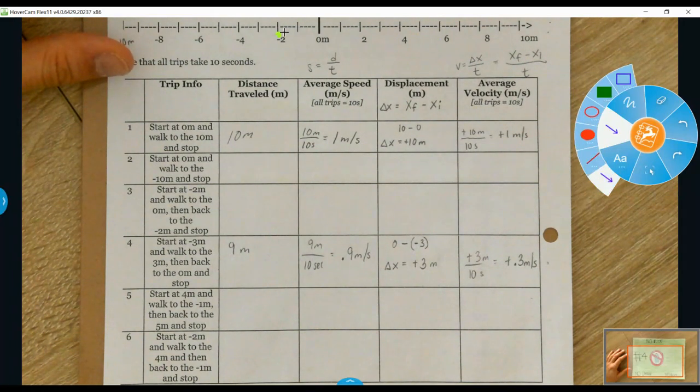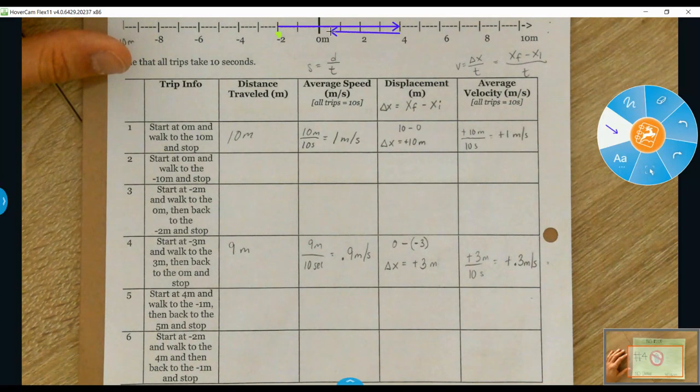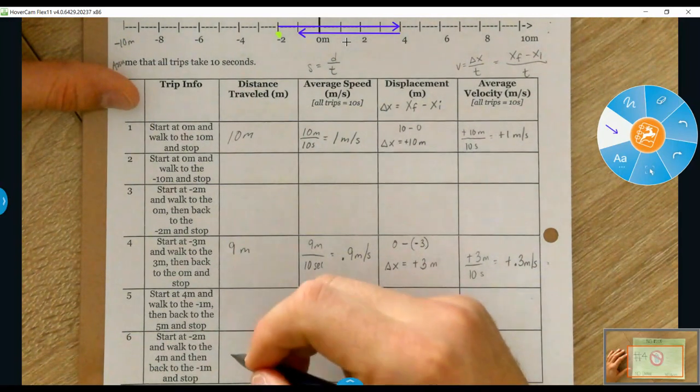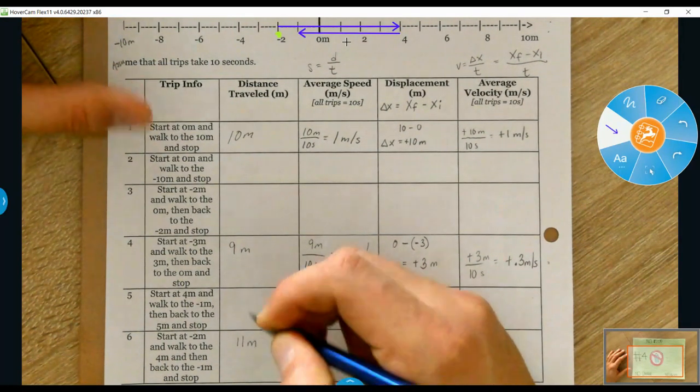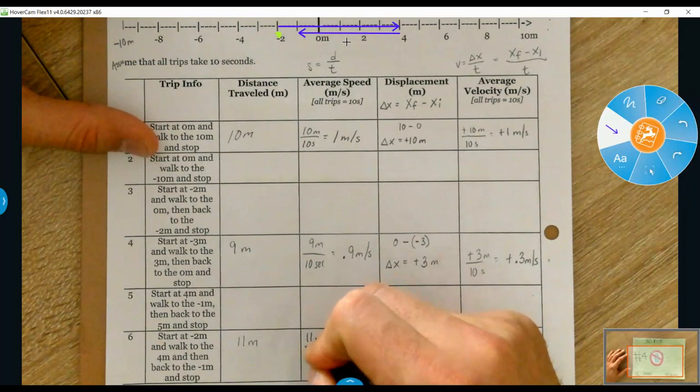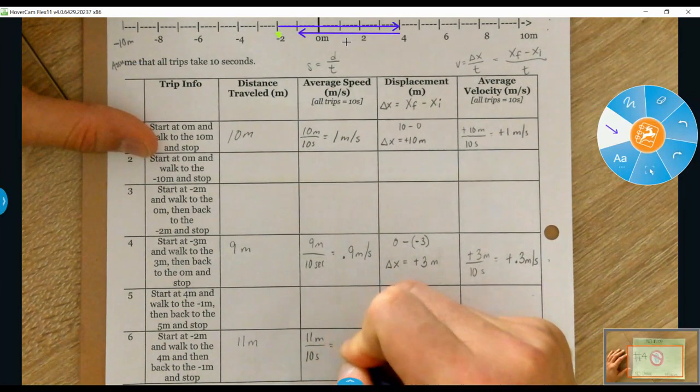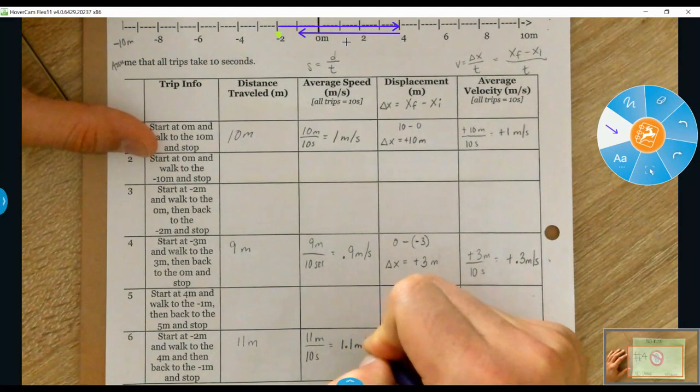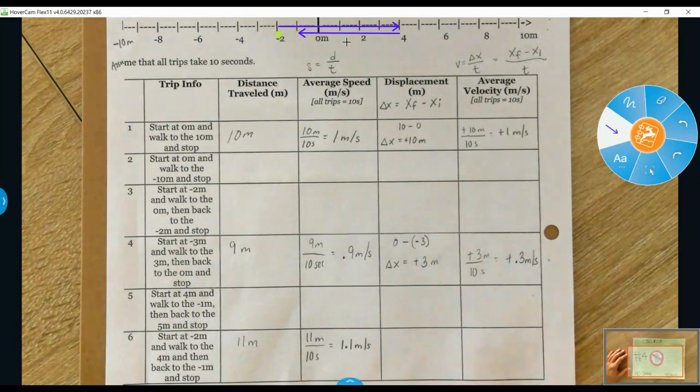So we're going 1, 2, 3, 4, 5, 6, and then turn around and walk back to -1. So that was 6, right? 7, 8, 9, 10, 11. Okay, so we moved a total of 11 meters. Distance over time would be 1.1 meters per second.